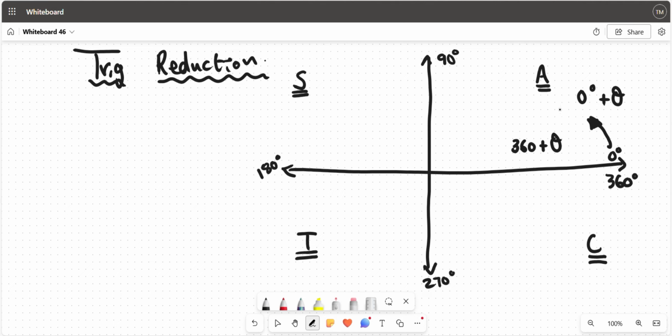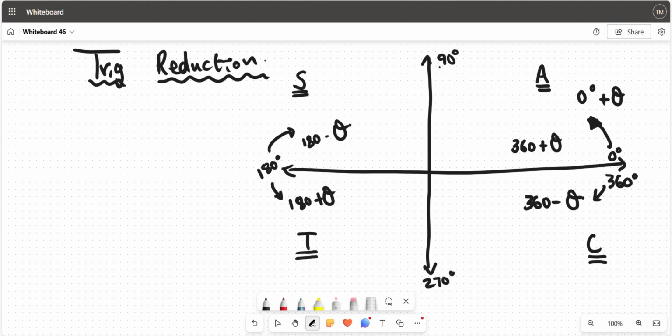Then what puts you in the second quadrant? You are going to be in the second quadrant because you are 180 minus theta. In the third quadrant it's going to be 180 plus theta, and in this last quadrant this will be your 360 minus theta.